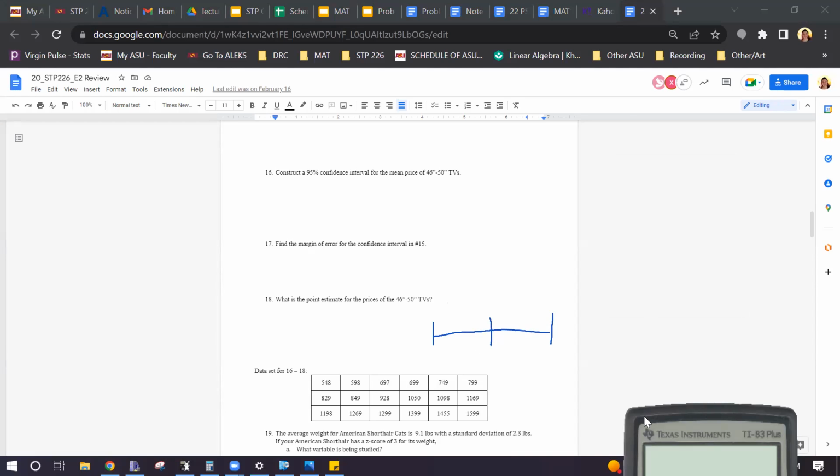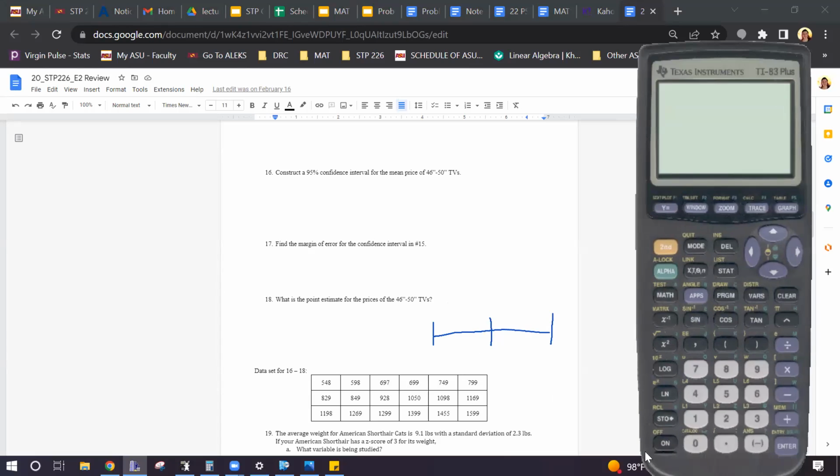I had those numbers in my calculator here. I've got $856.9 on this side, and on this side, I've got 1168.9.